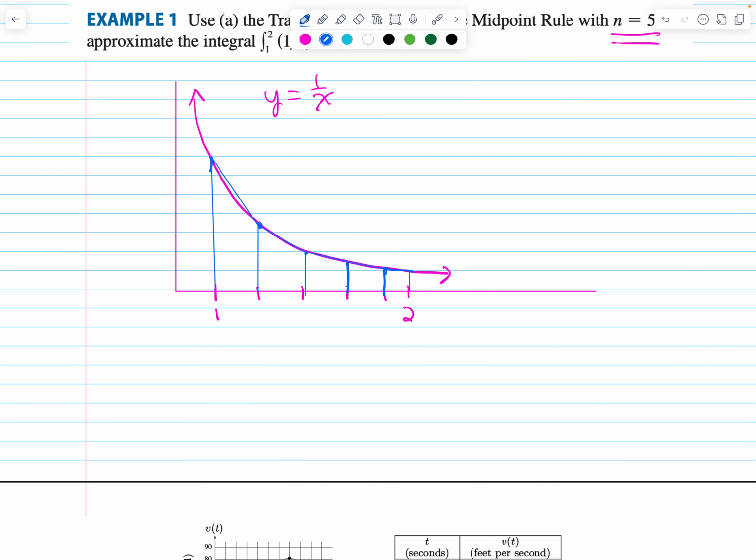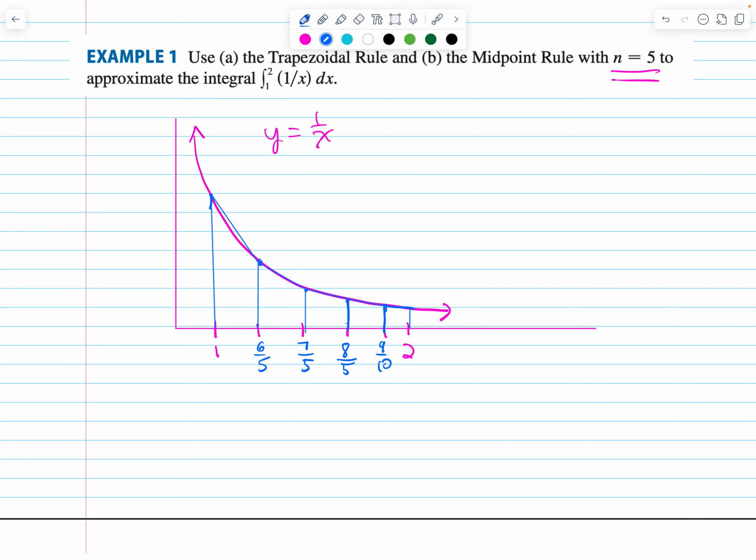So this x coordinate right here would be 1/5 more than 1, which is 1.2, but I like fractions better. So I'm going to call it 6/5. If I keep going up by 1/5, I get 6/5, 7/5, 8/5, 9/5, and then 2 would be 10/5. If you have a 4-function calculator accommodation, decimals might legitimately be easier.